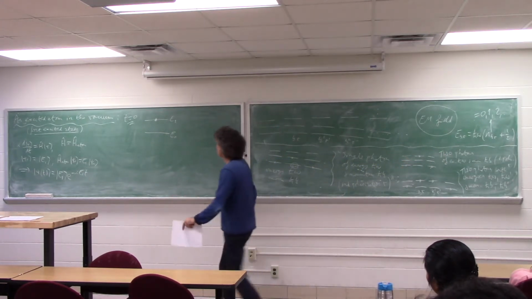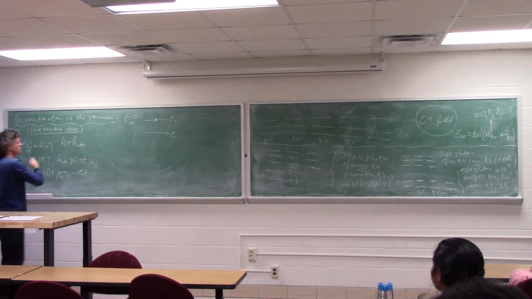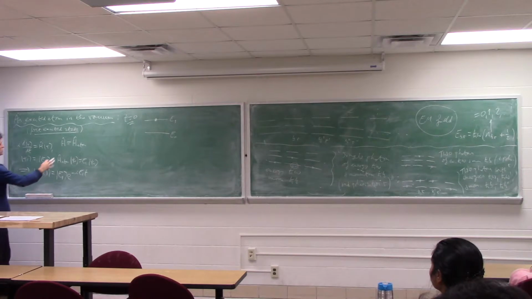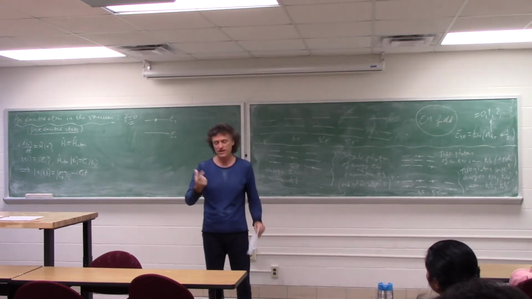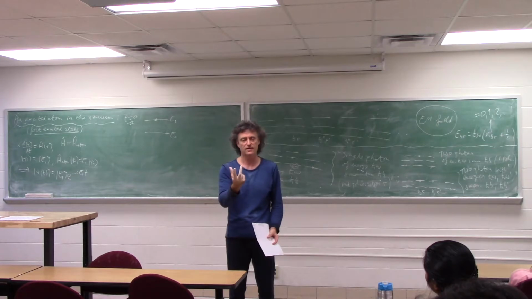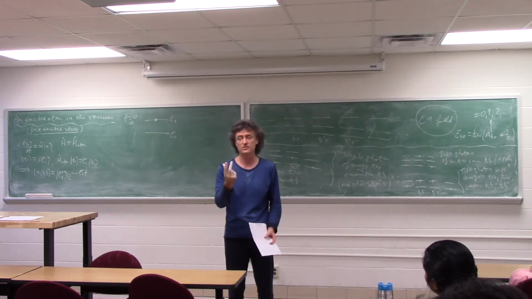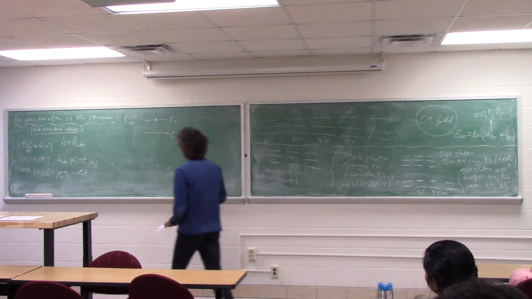How does the atom make a transition down to the ground state? If it was truly isolated, it would just stay like this. In your low energy quantum mechanics, in fact any quantum mechanics, if I have a truly isolated system in an energy eigenstate, it just stays there forever. So how does this radiate?